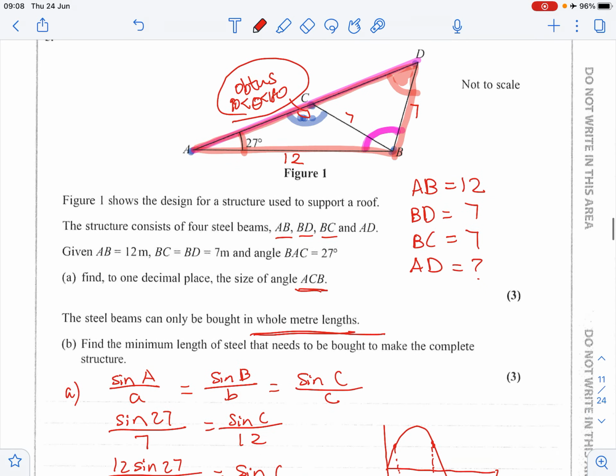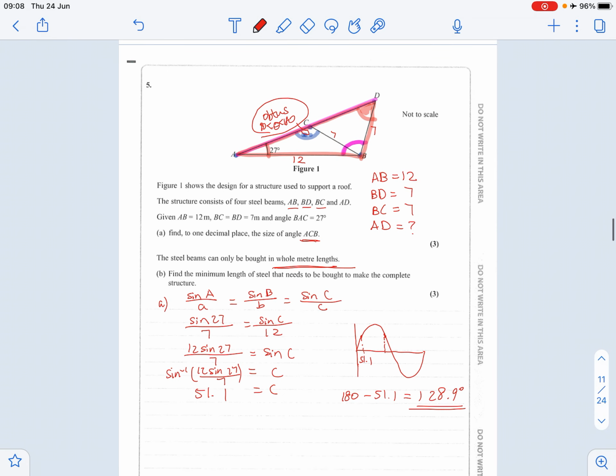So we have sine A, which is 27 over 7, is equal to sine of this angle over 12.